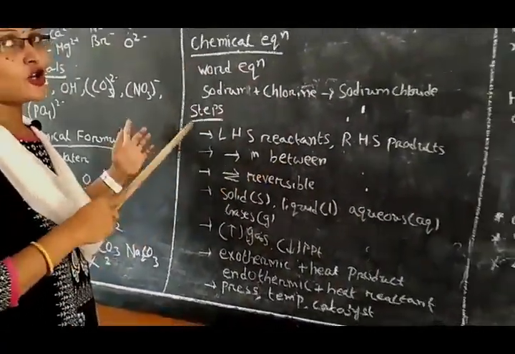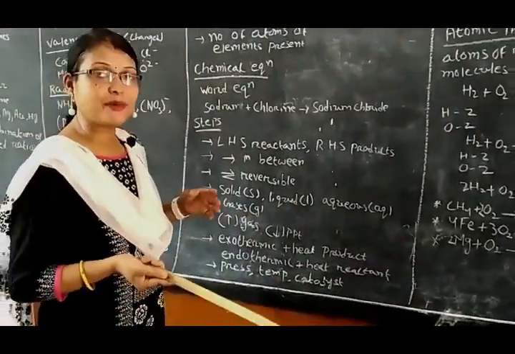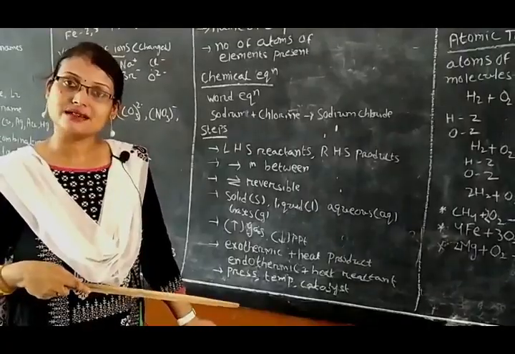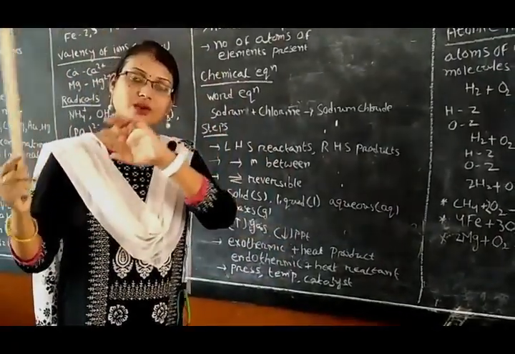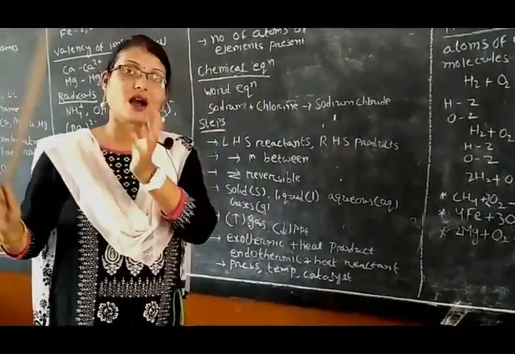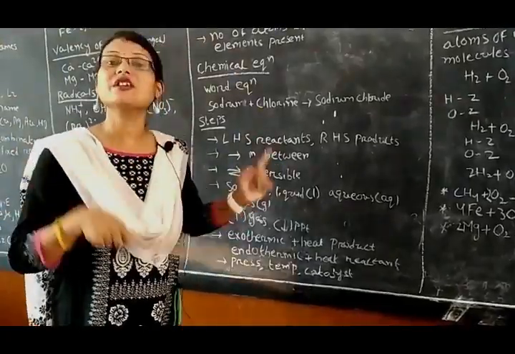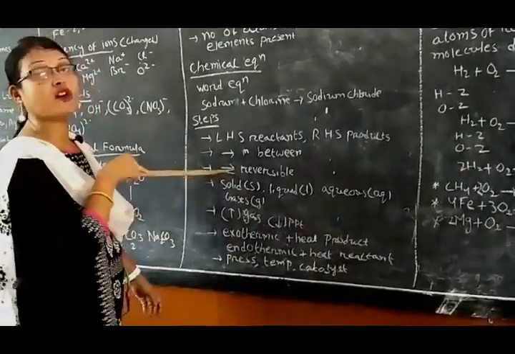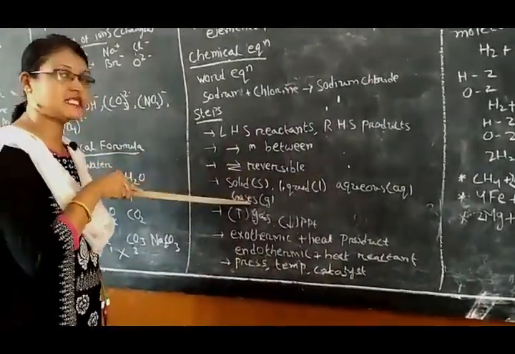Reversible means not only do the reactants react to give product, but also the products react to give your reactants. A plus B giving you C, and also C plus D reacting to give the same A plus B. So in that type of reaction, this reversible symbol is used.